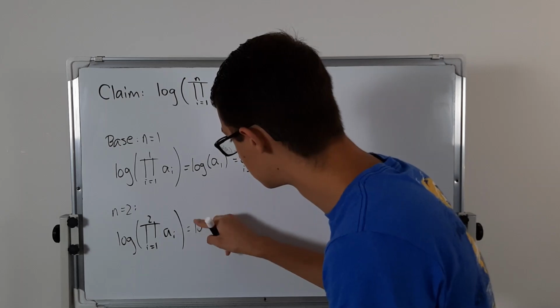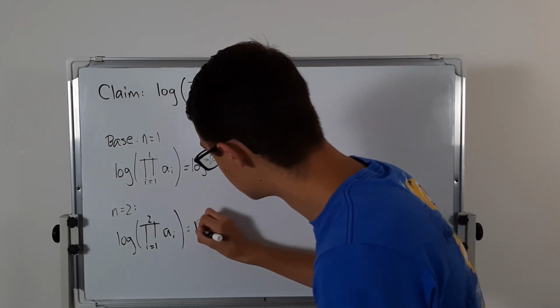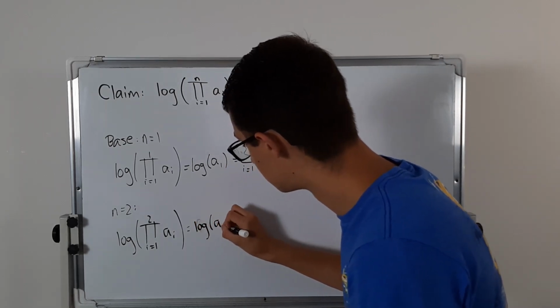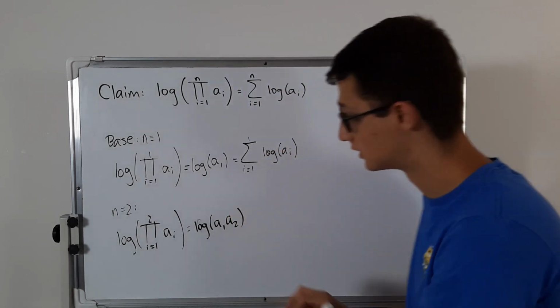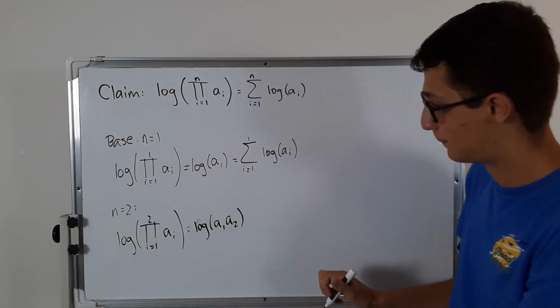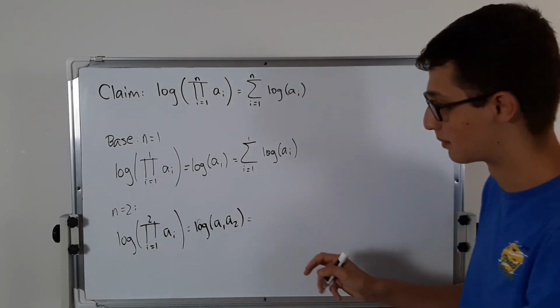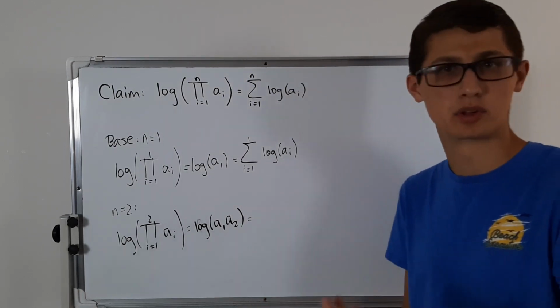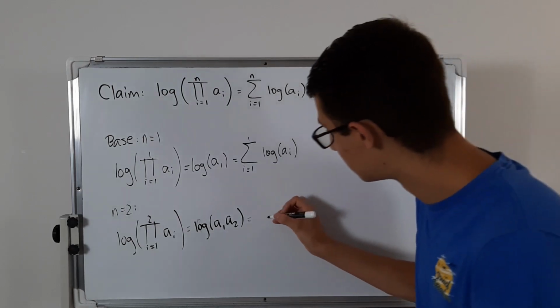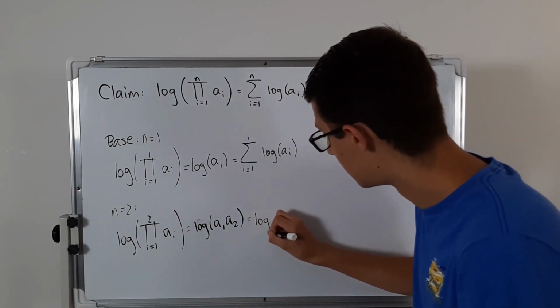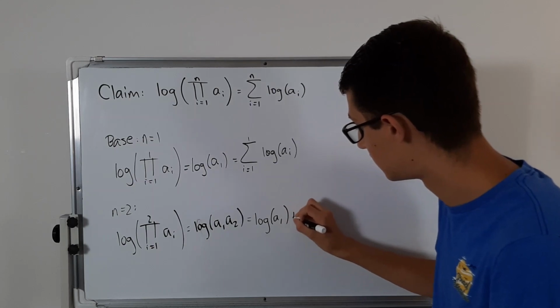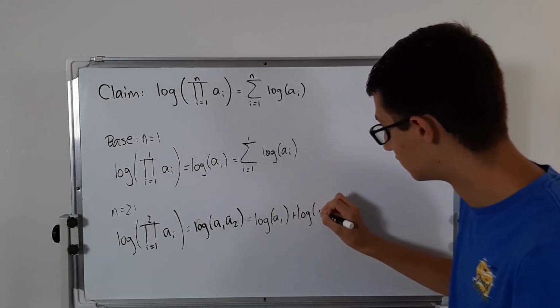Then we know the common logarithm property that I'm sure you've seen in high school or college, which is that this is equal to log of a sub 1 plus log of a sub 2.